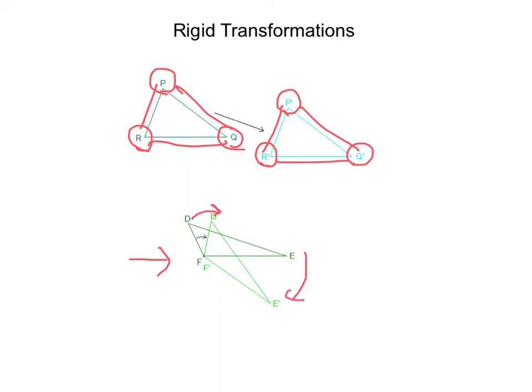If I had to guess, I'd say maybe it's being rotated 45 degrees, maybe 50 degrees, something like that. Half a turn, half a 90-degree angle. So this is what we've been doing with our rigid transformations. We've been taking congruent figures and just moving them around.